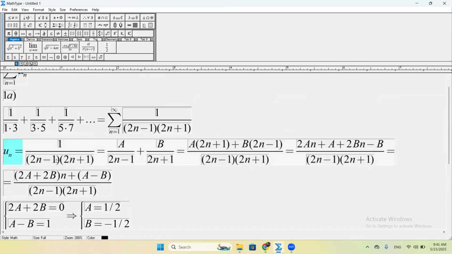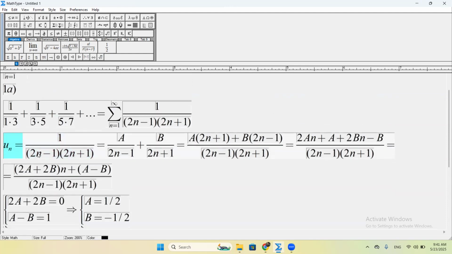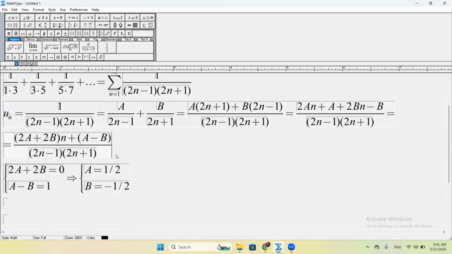So we will rewrite u_n in the following form: 1 over 2 by 1 over 2n plus 1 and minus 1 over 2 by 1 over 2n minus 1. So this is the nth term of the series.